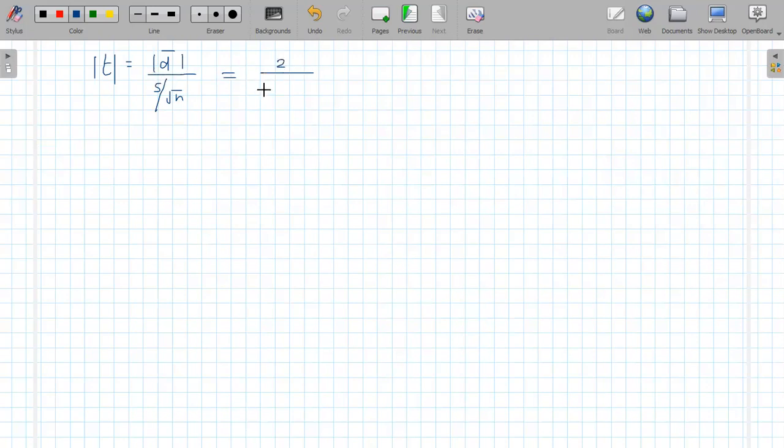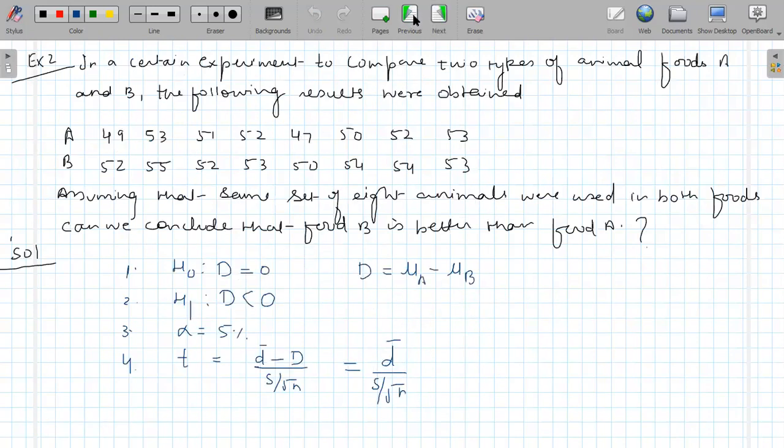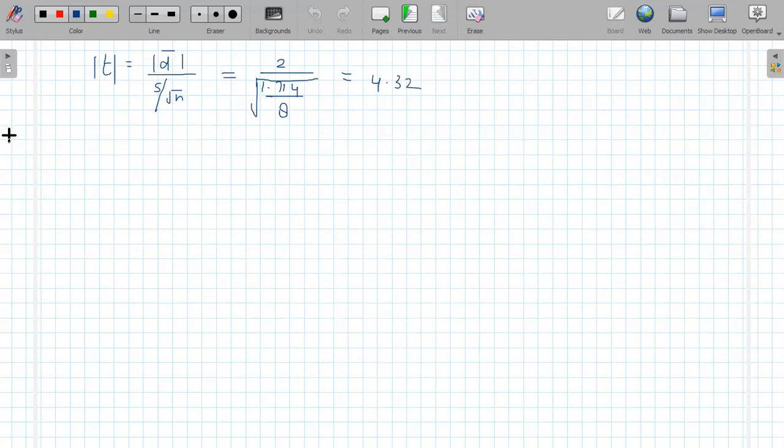So this is 2 upon the square root of 1.714, because we have calculated S square, divided by root of n. We put 8 here. This is 4.32. So this is our fourth step completed.